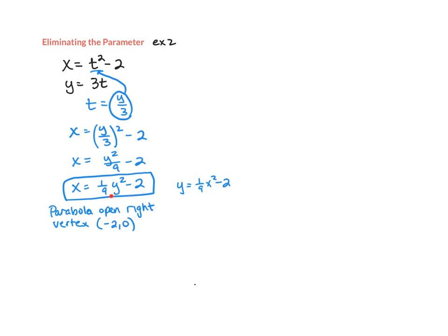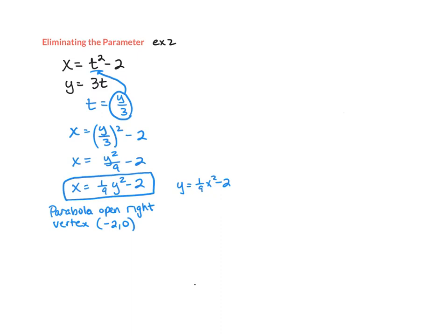So we know that this parabola opens to the right because the leading coefficient is positive. We know that it's a horizontal shrink of 1/9 instead of a vertical shrink. It's also going to be shifted 2 units to the left instead of 2 units down like it was when it was solved for y. So it's not too bad.